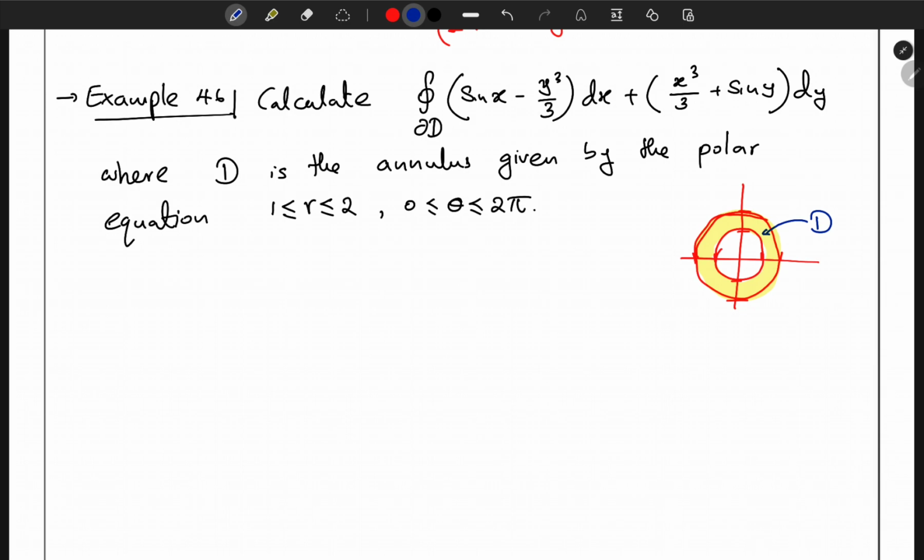So boundary of D consists of outer boundary and the inner boundary. So boundary of D is let's say C1 plus C2, where C1 is the outer boundary, C2 is the inner boundary, and remember the outer boundary is counterclockwise and the inner boundary is in the clockwise direction.